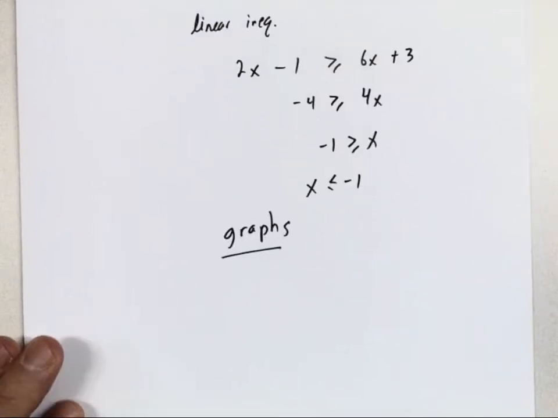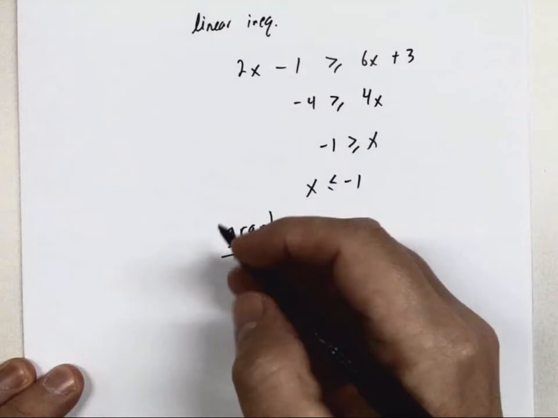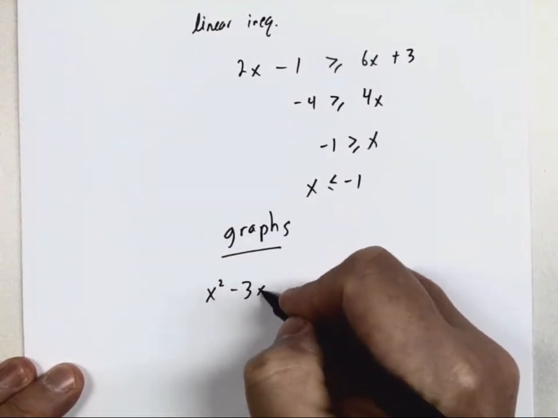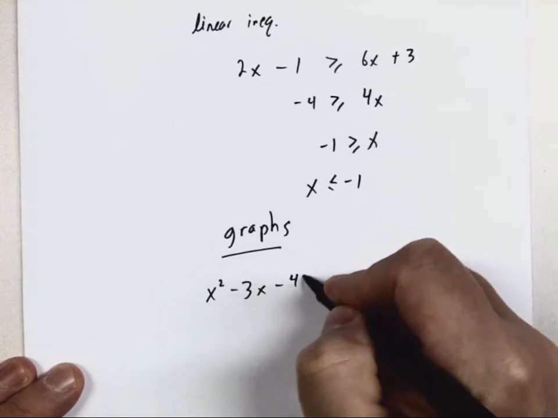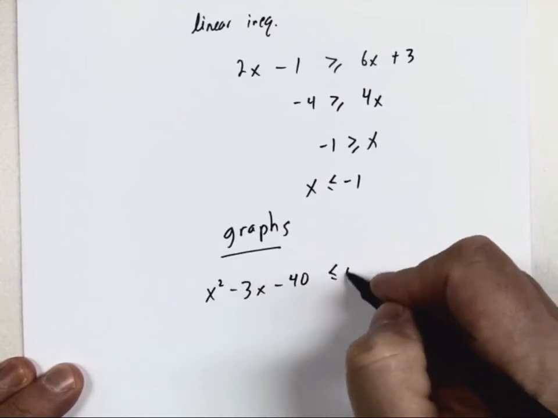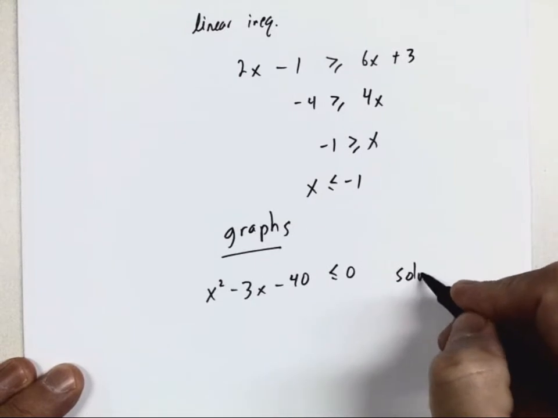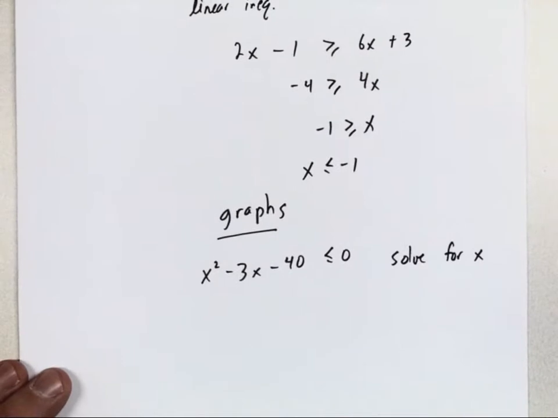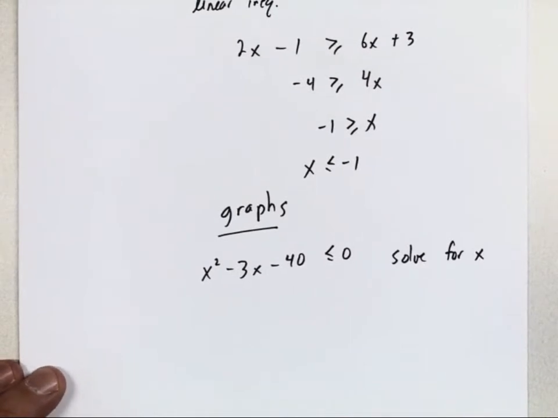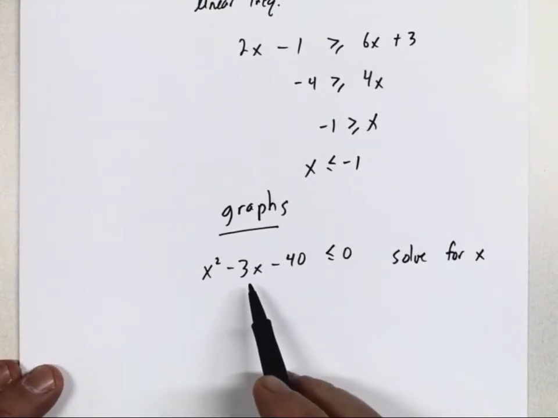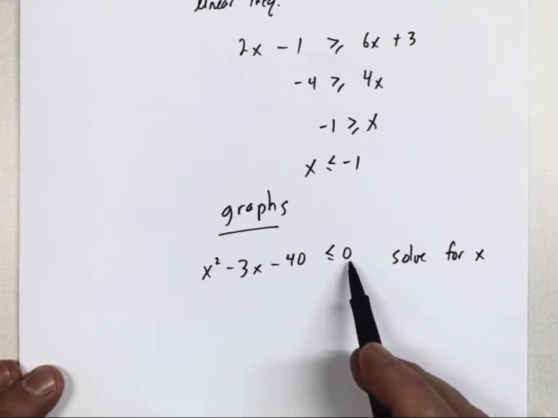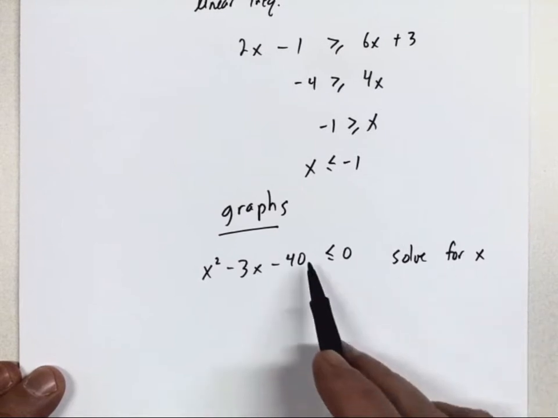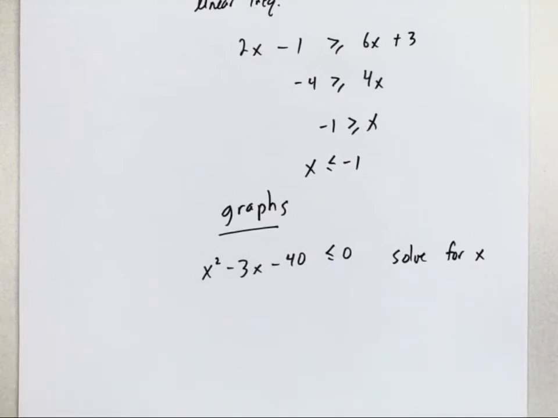So for instance, here's a very typical kind of problem you'll be given. x squared minus 3x minus 40 less than or equal to 0. Solve for x. In other words, figure out the values of x that make this thing true.